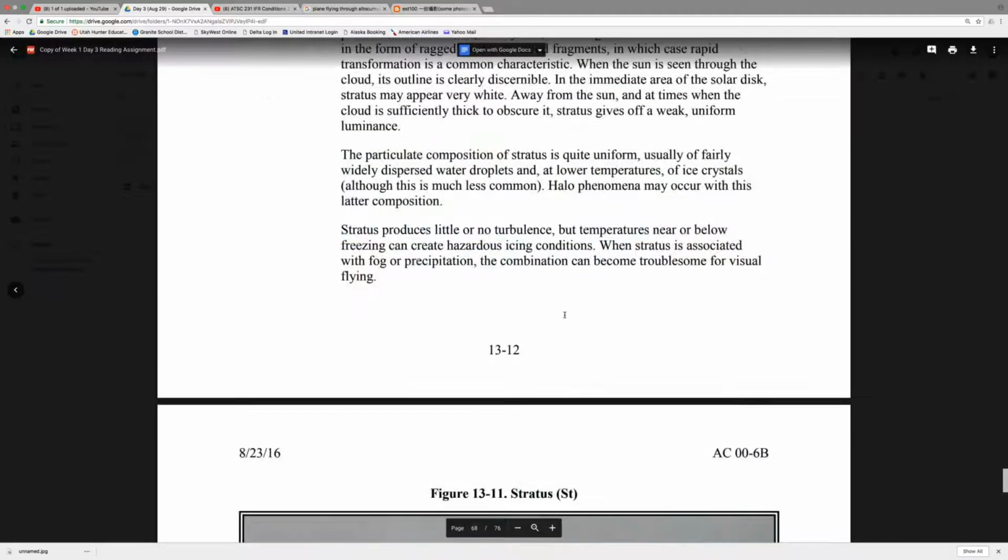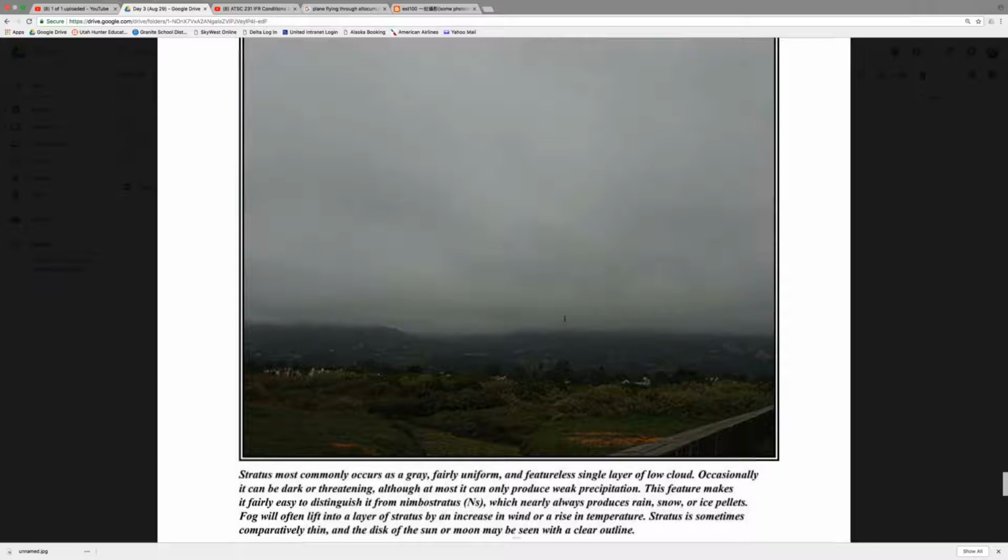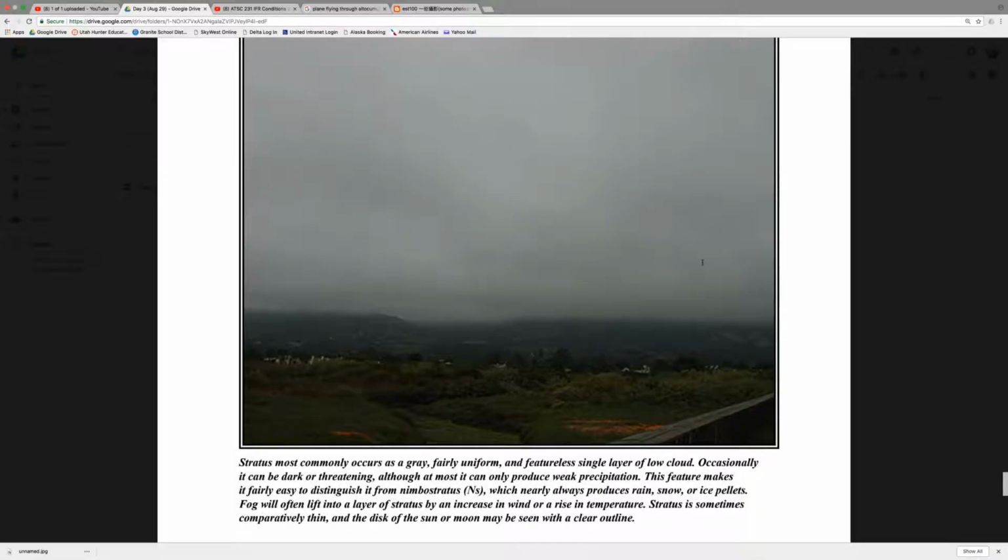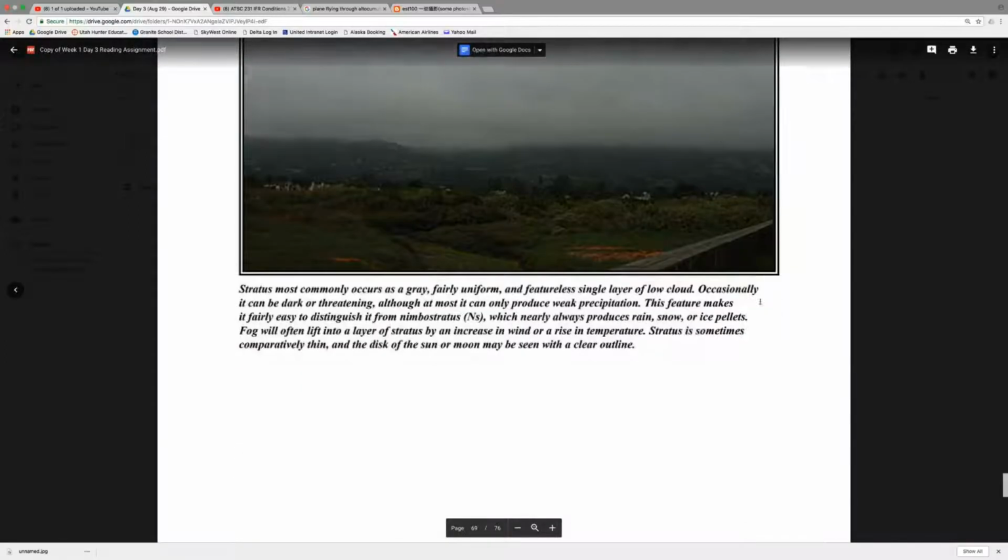So low layer stratus clouds. It's just that gray blah sky. Usually we're going to have low visibility or low ceilings due to this cloud form.